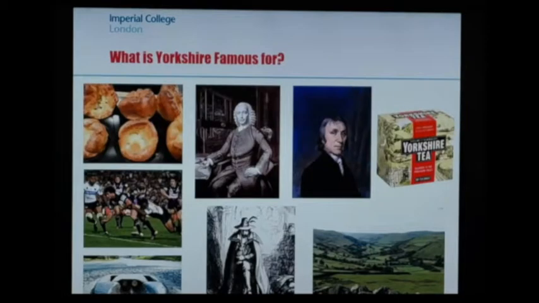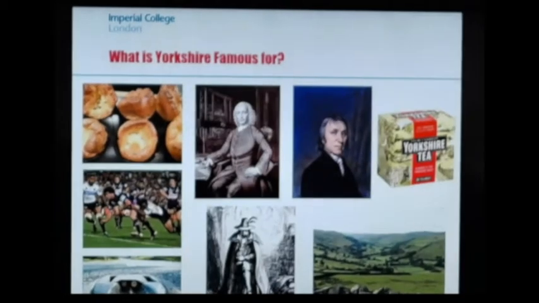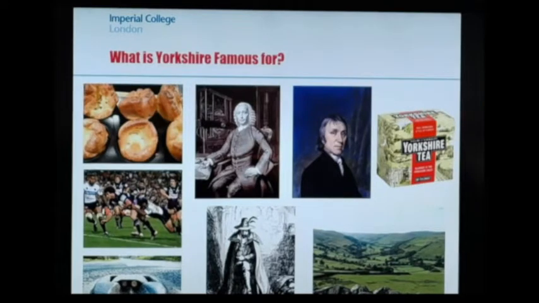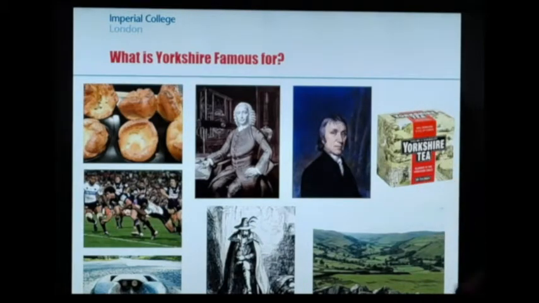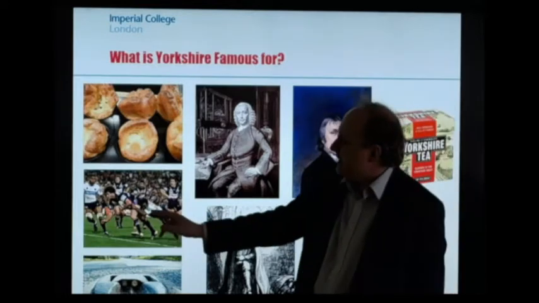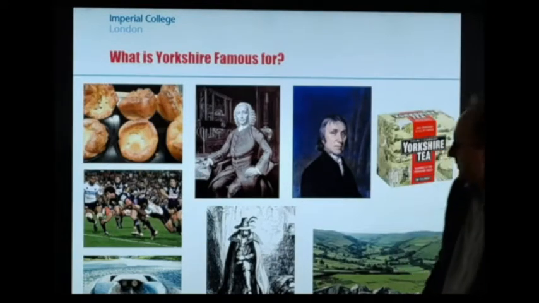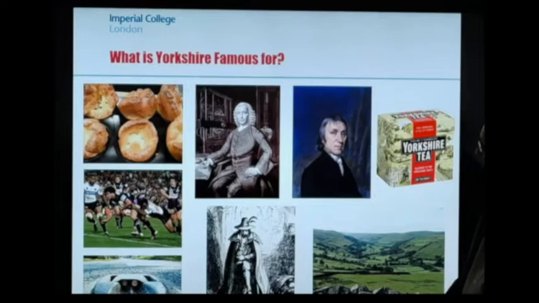And then just a quick quiz. So what is Yorkshire famous for? So hopefully you all know Yorkshire puddings. And tea, of course. Rugby league is something that was started in the town of Huddersfield. Obviously, hopefully, you know, nice landscape, lots of countryside, a bit different to London.